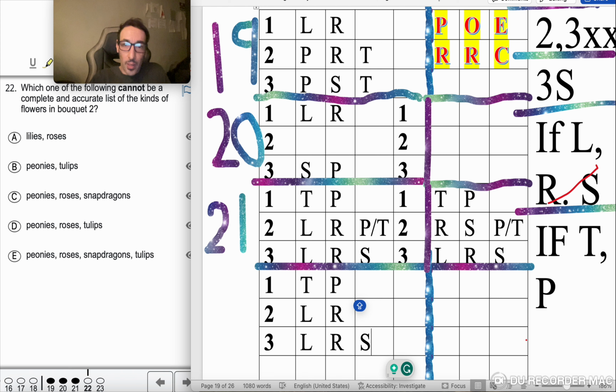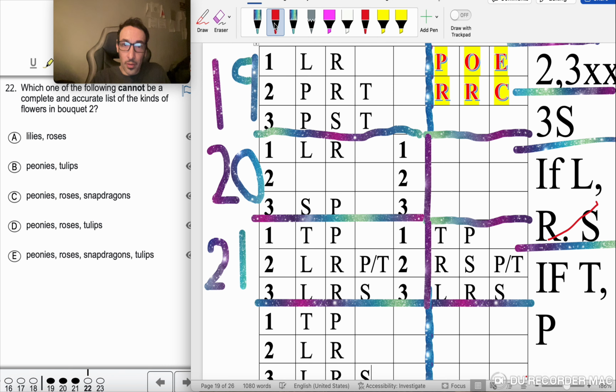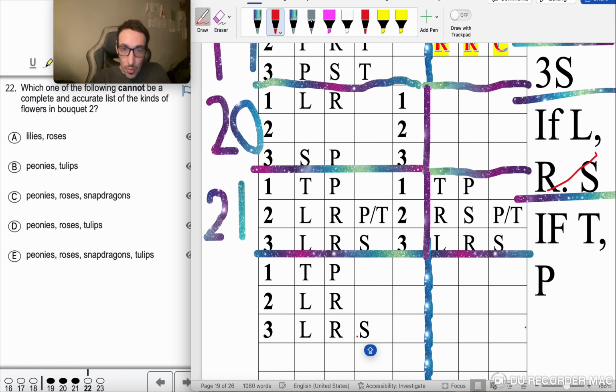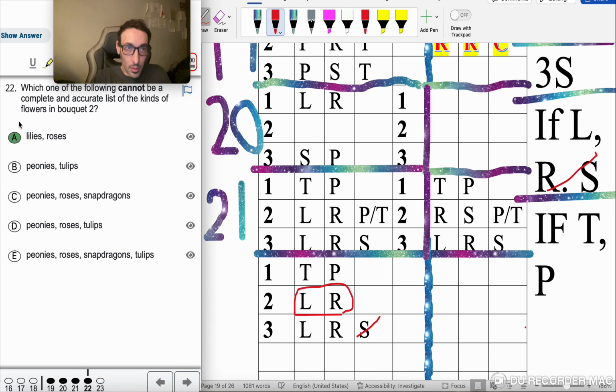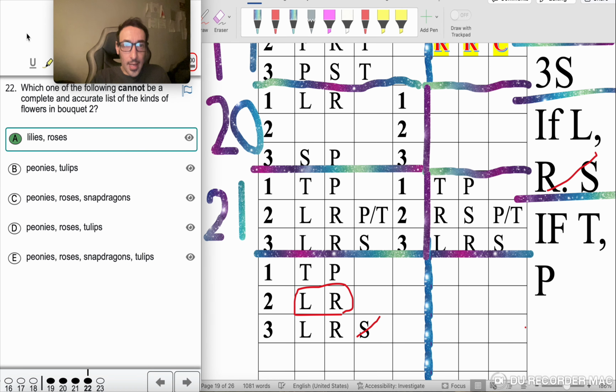But the problem is that the condition is not allowing the letter S to be in there. Therefore it's not going to work out with L and R in row 2. Answer A, L and R.